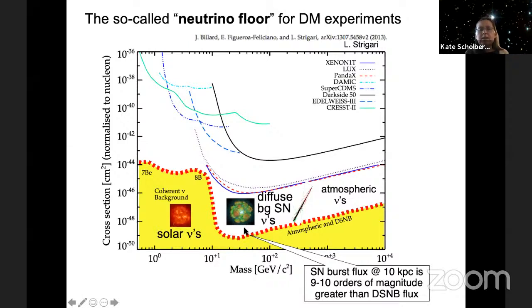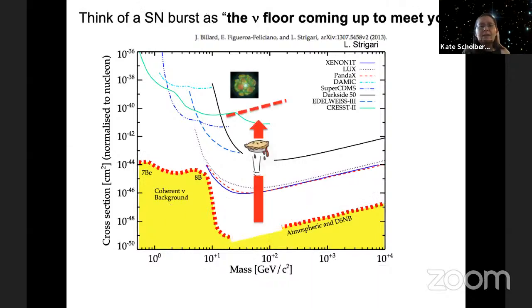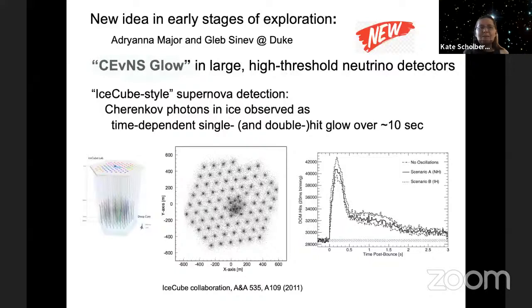And if you have a supernova burst, that flux suddenly in 10 seconds increases by something like 10 orders of magnitude. So it's like this floor is coming up and it's smacking you in the face. And so that's kind of an opportunity rather than a disadvantage for these detectors.